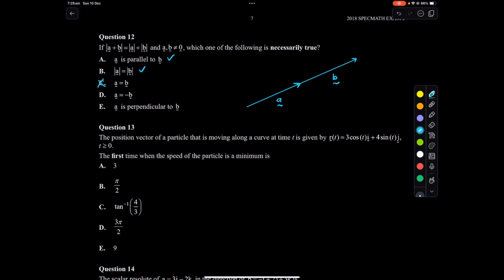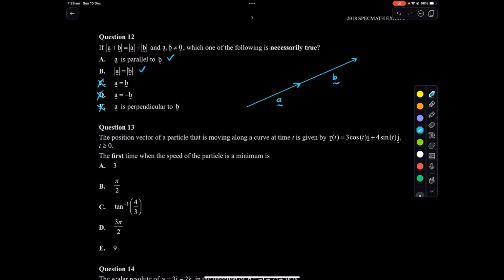Remember, their magnitudes are equal, but the vectors are different. This one starts over here, whereas this one starts over here, so totally different vectors in a way. The vector A is equal to negative B. No. A is perpendicular to B. Nope. So it can only be A and B are parallel.